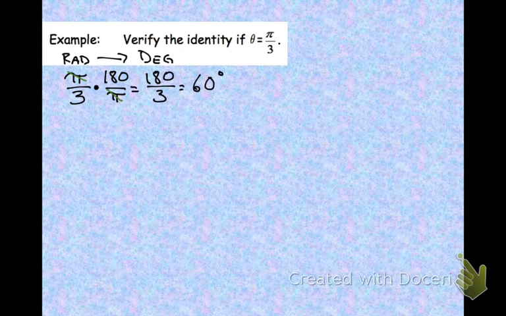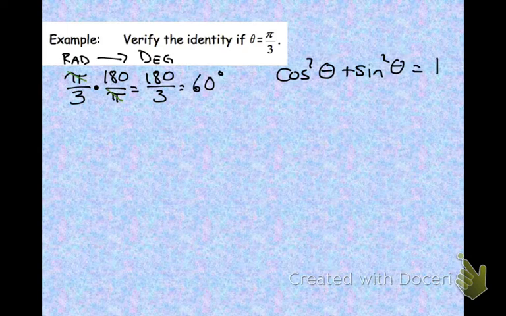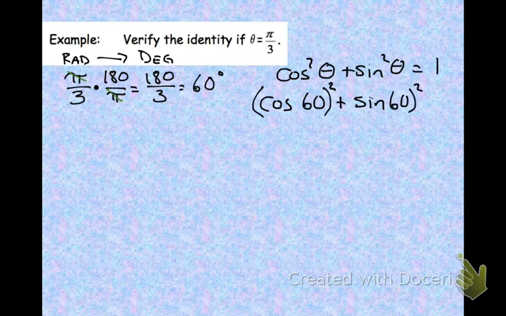Now we're going to plug 60 degrees into our Pythagorean identity, which is cosine squared theta plus sine squared theta equals 1. So we're going to do cosine of 60 squared plus sine of 60 squared equals 1.